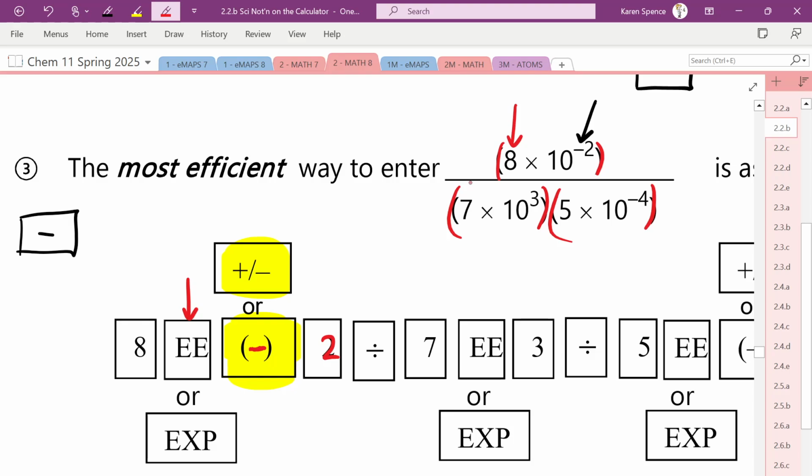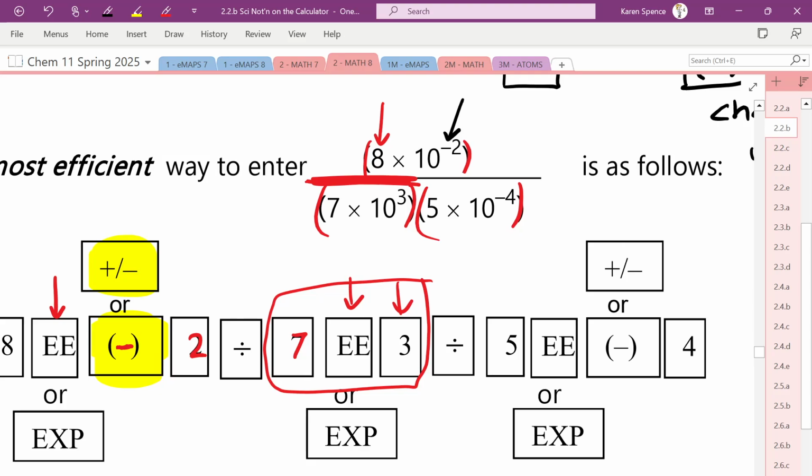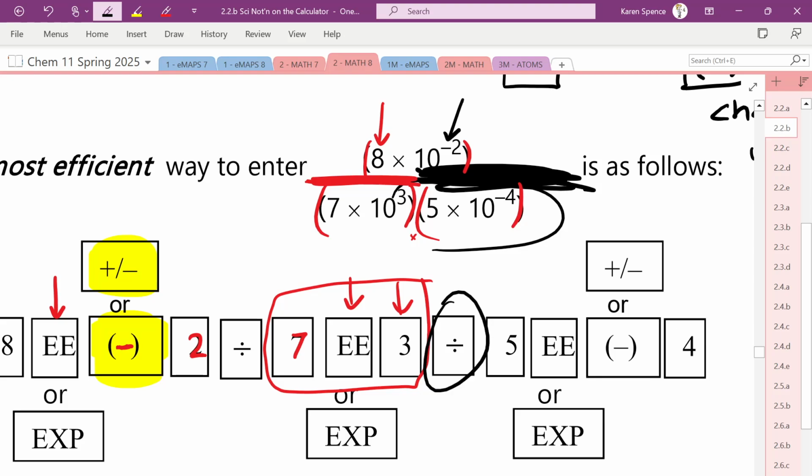And then we are going to divide by 7 times 10 to the 3. And remember, when you use this, it makes this all one number, so it does not need to be in brackets. Okay? And then I do not want to multiply. Normally this would be multiply, but I don't actually want to multiply by 5 times 10 to the negative 4. I want to divide by it. You got the idea? So divide by 5 times 10 to the negative 4.